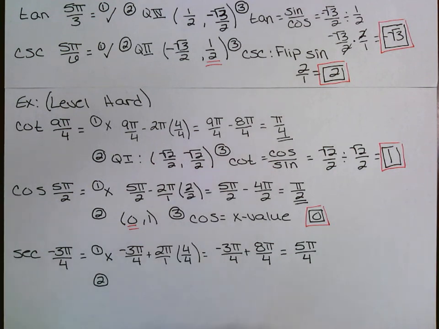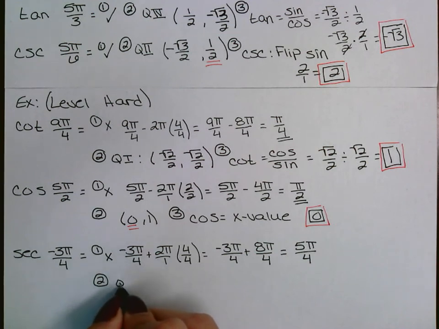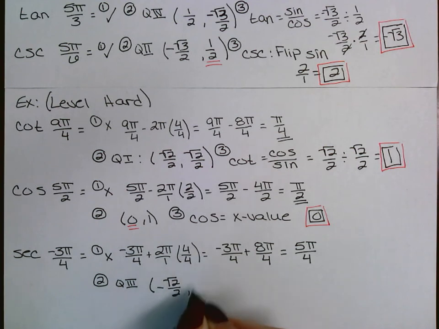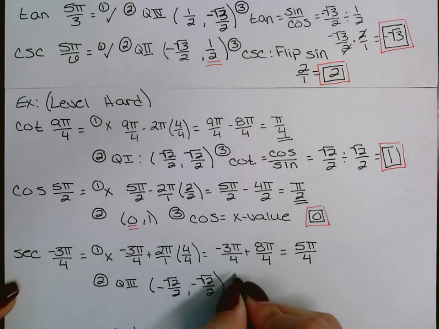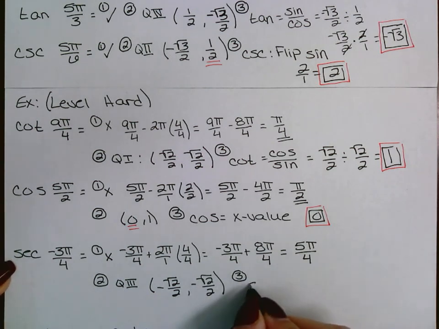What quadrant is 5 pi over 4 in? Good. Okay. And what's my ordered pair there? Good. I know anytime it's over 4, I have those radical 2 over 2's, and in quadrant 3, all right, so step 3 is to find secant. What's the rule for secant?